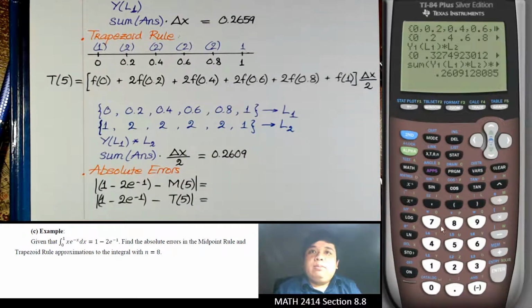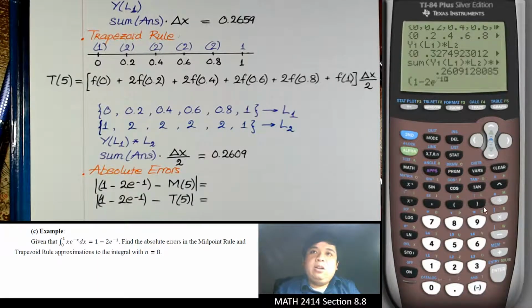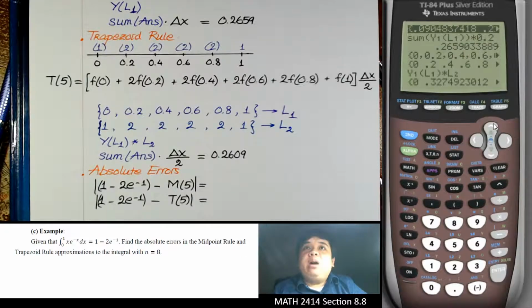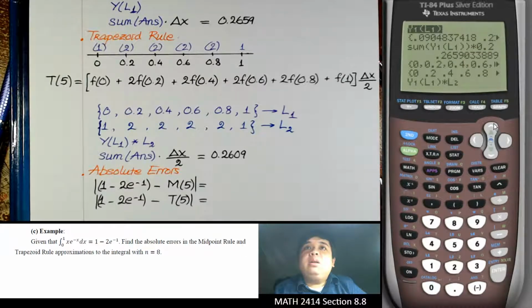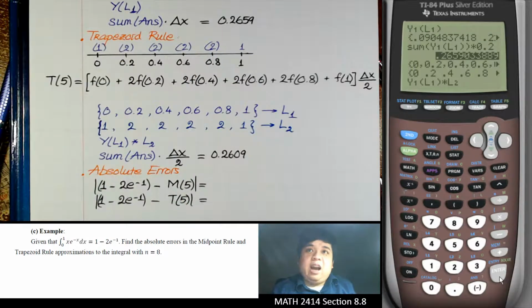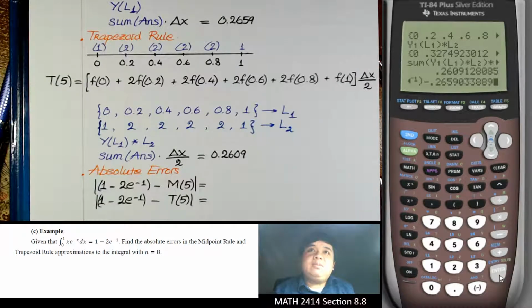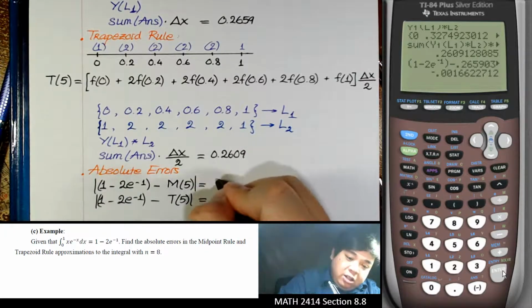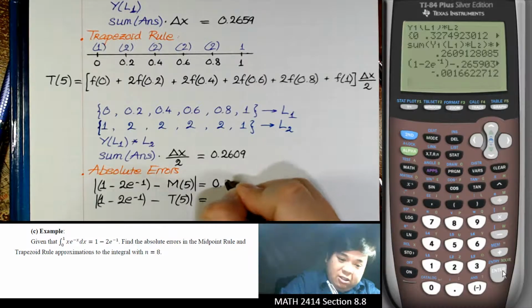Right, so 1 minus 2 times e to negative 1, subtract M5. Where's M5? I just go up. Oh, that is M5. Highlight it, copy and paste. It doesn't matter, we have absolute values, so we just write the positive answer.